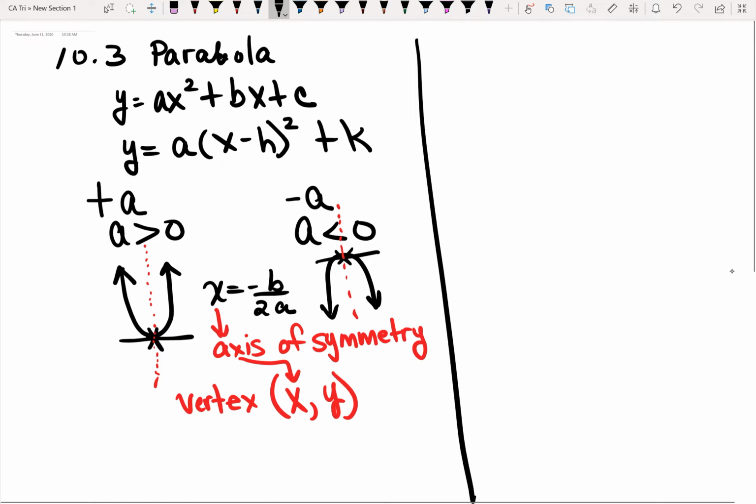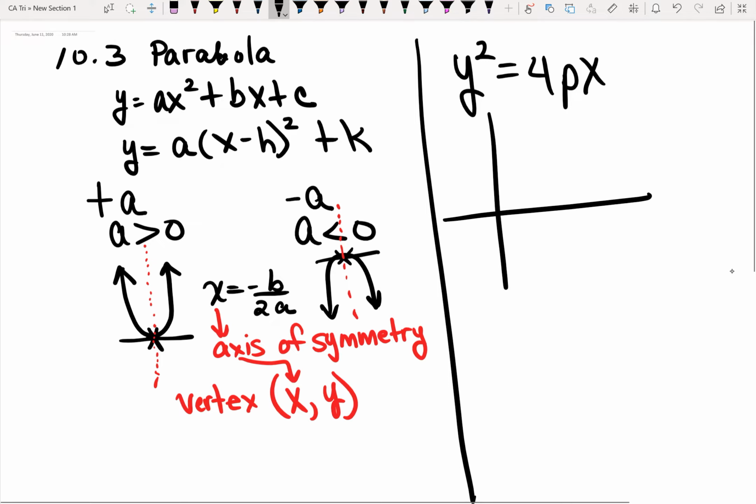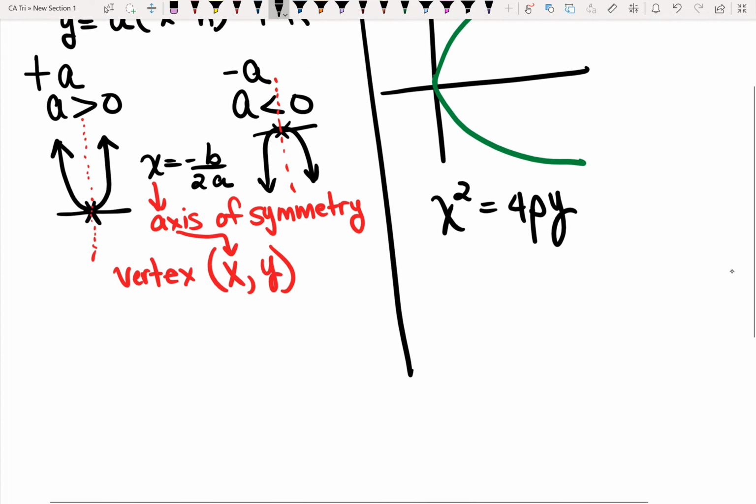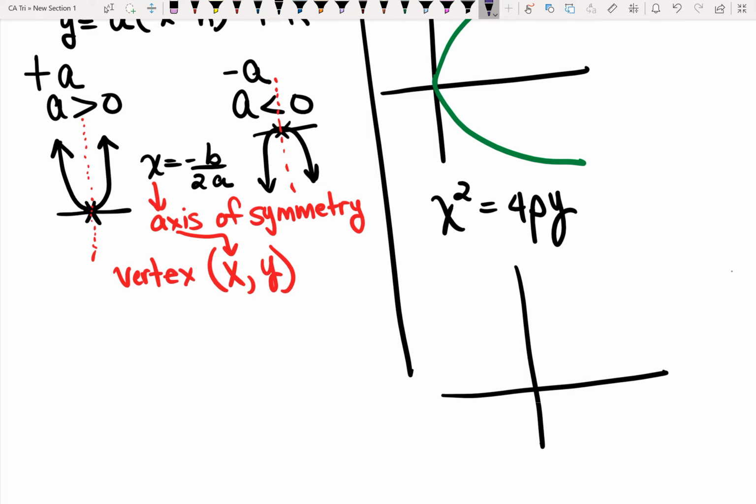The other formula that we use for these parabolas is the standard form y squared equals 4px, and in this case that shape would be a parabola extending in this direction, as opposed to x squared equals 4py, where the parabola would open upward, or possibly down if negative.